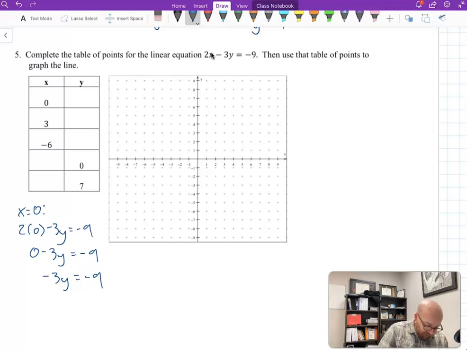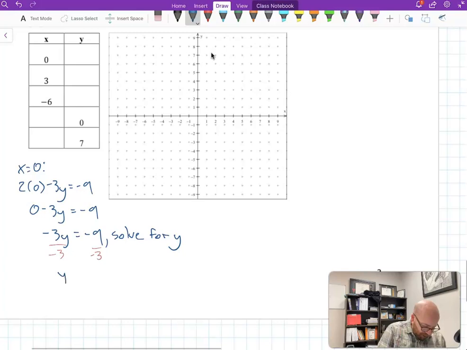And what we need to do at this point is solve for y. Well, how do we solve for y? We're going to divide both sides by -3. And that's going to give us y is equal to +3, because -9 divided by -3 is 3.